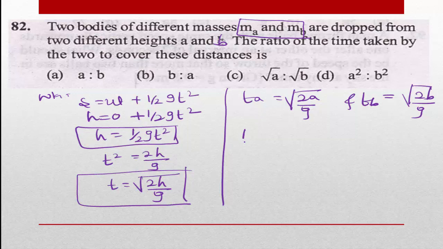The ratio TA divided by TB is equal to root of A divided by B. Therefore, TA divided by TB is equal to root of A divided by B. Option C is the right answer for this question.